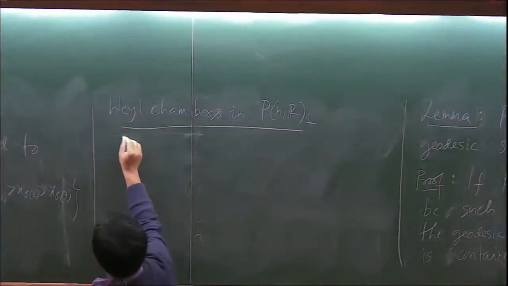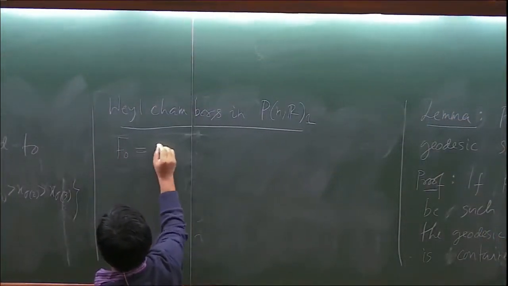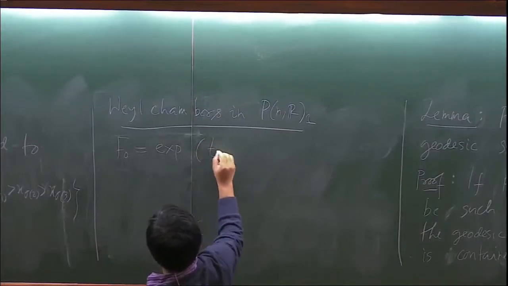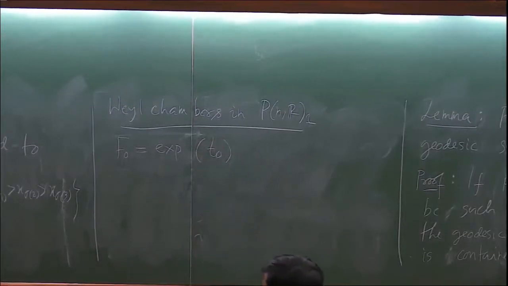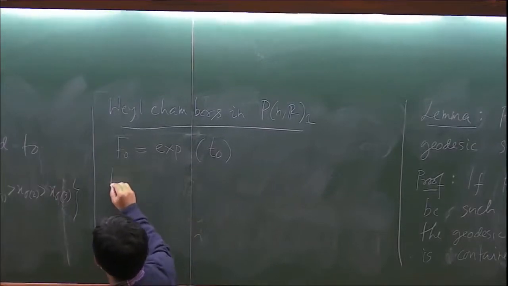Maximal flats, we have seen, correspond to maximal abelian subalgebras of so_n(R). So for example here, if F0 is the exponential of T0, then again the Weyl chambers correspond to the same.